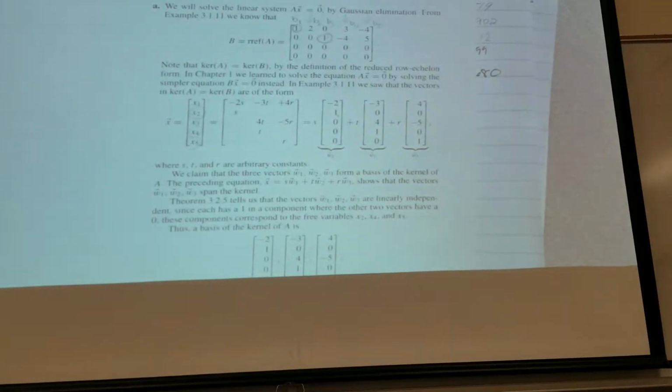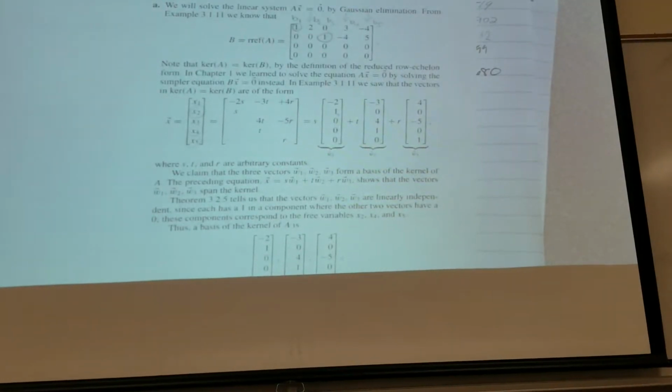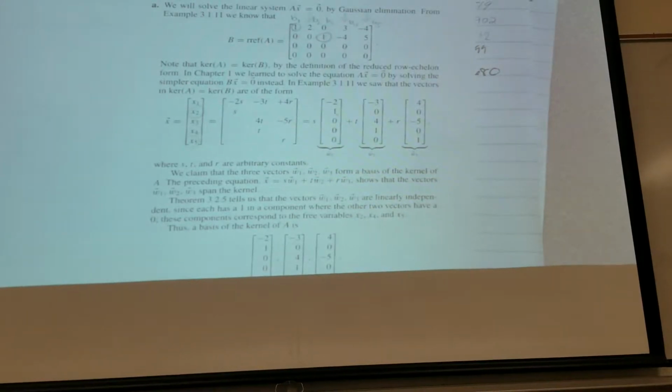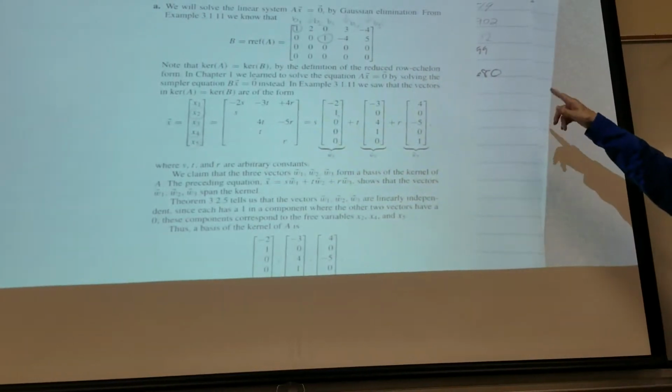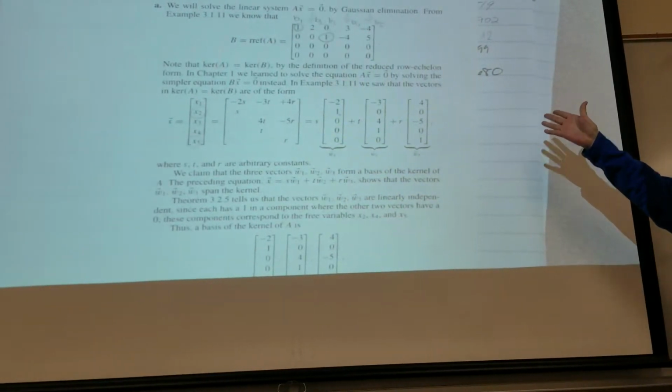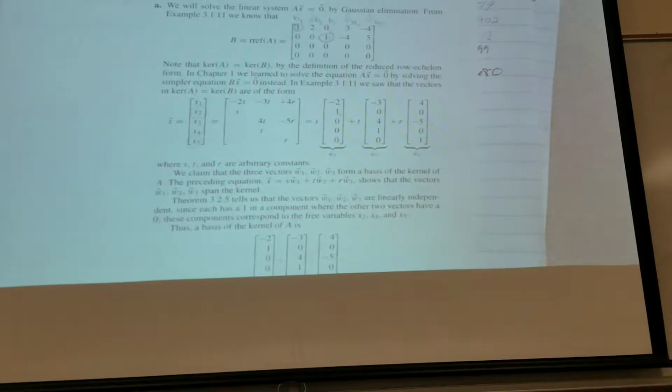You don't need that. When you solve AX equals 0, the right hand side is 0. This system is homogeneous, so usually for the augmented matrix we just write A. We don't need to write the zeros. They already found the RREF for us, though there is some work in it.